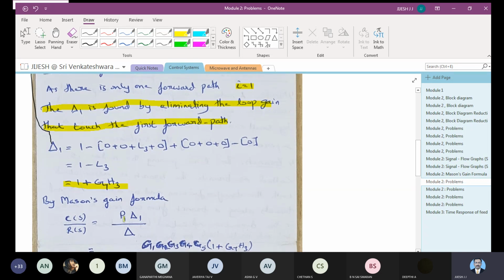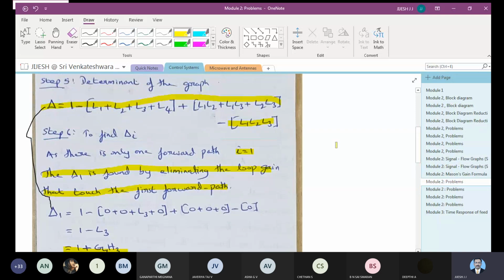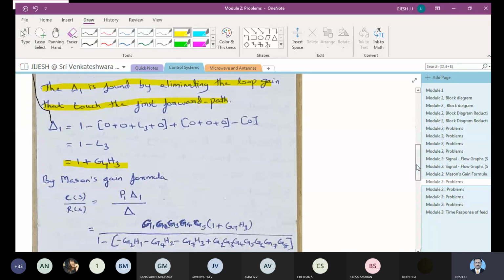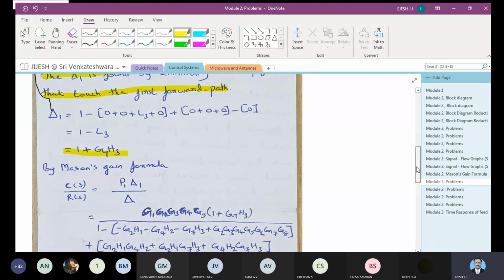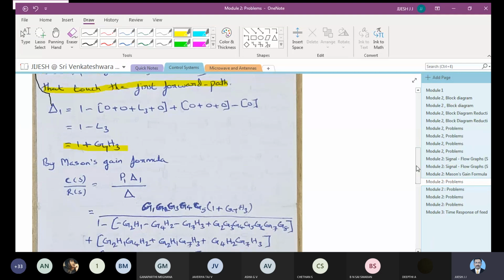Just substitute it. Substitute P1. P1 is what? G1, G2, G3, G4, G5. Delta 1 you got, 1 plus G7 H3, and delta also you got. Delta is already here, delta is this one. So you need to substitute that. Substitute for L1, L2, L3, L4, all those things.